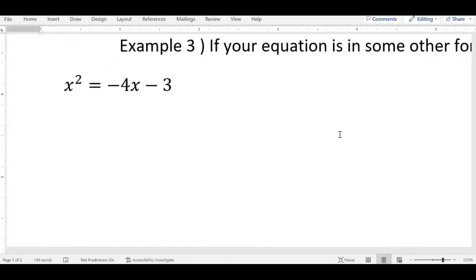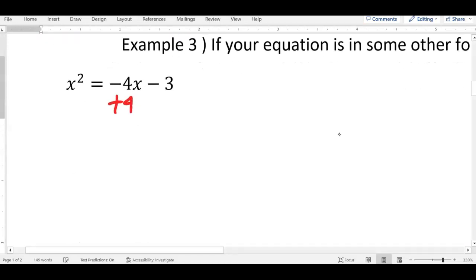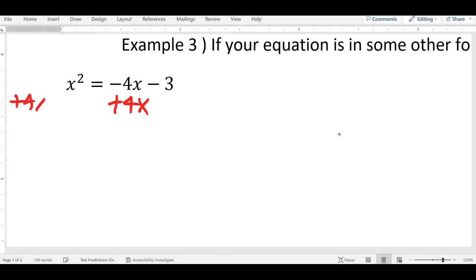So let's go ahead and write that down over here. Plus 4x. And on the left side, way over here, plus 4x. Scratch that out. We got rid of one thing. What about the other thing? How do I get rid of a minus 3? Plus 3.